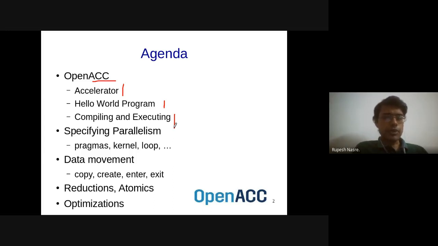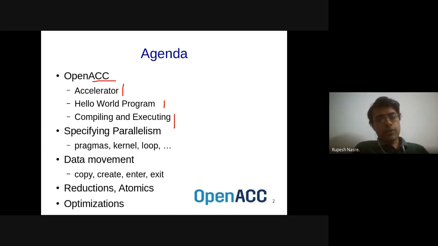How do you do it, let's say, on your laptop, or on a cluster such as Aqua. This first part is something which we'll try to do today.